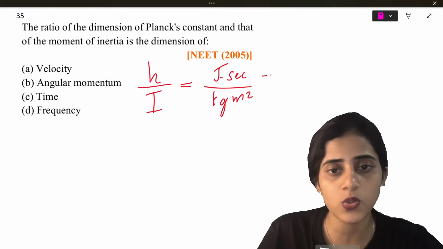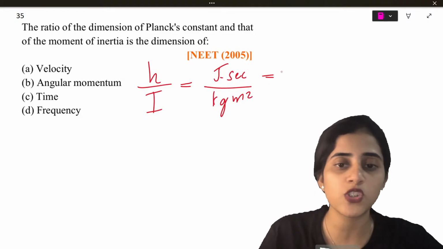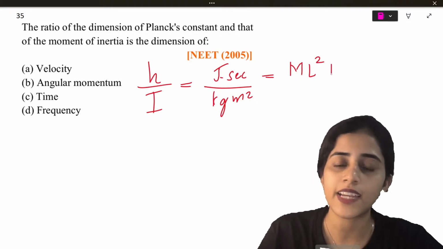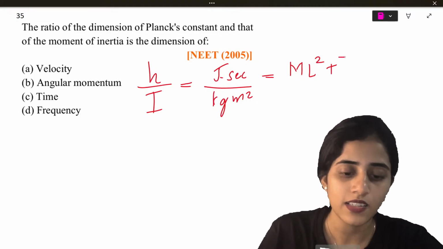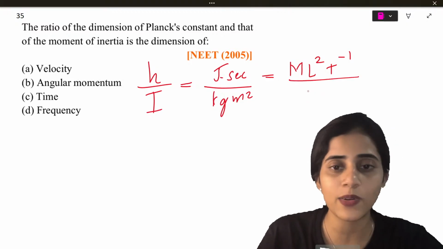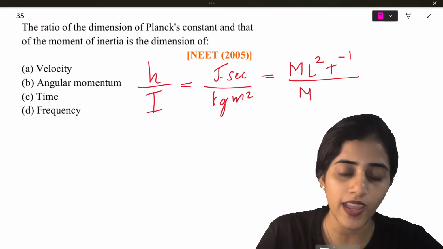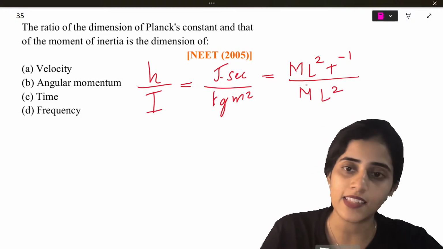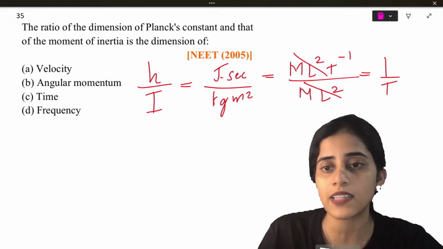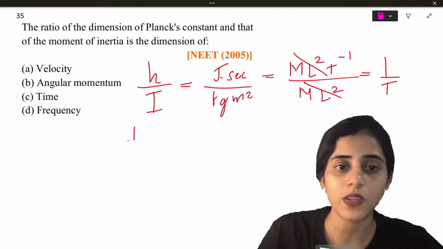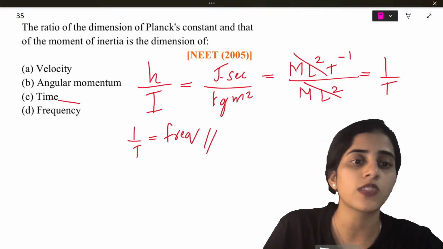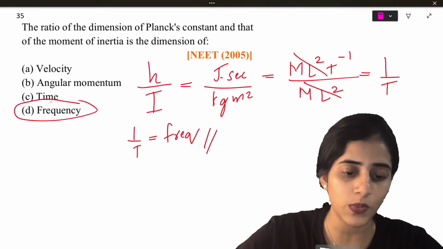Kilogram meter square. Now what is the dimension for joule? Joule is ML square T raised to minus 2, so joule second has dimension ML square T raised to minus 1. Kilogram meter square is M L square. So this and this cancels. This becomes 1 by T. What is 1 by T? 1 by T is equal to frequency. So the answer is going to be D, frequency.